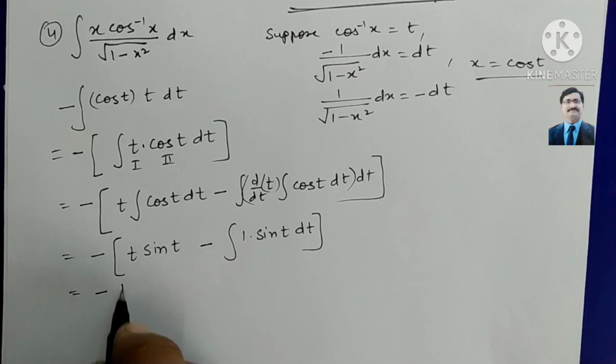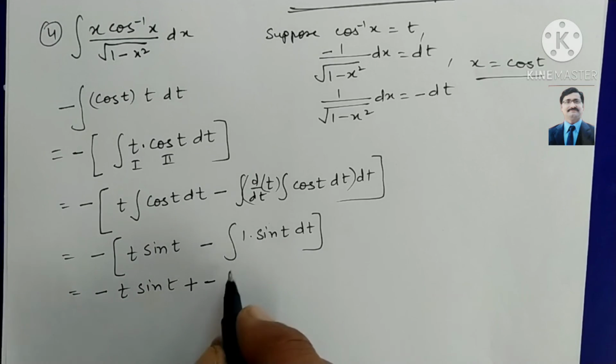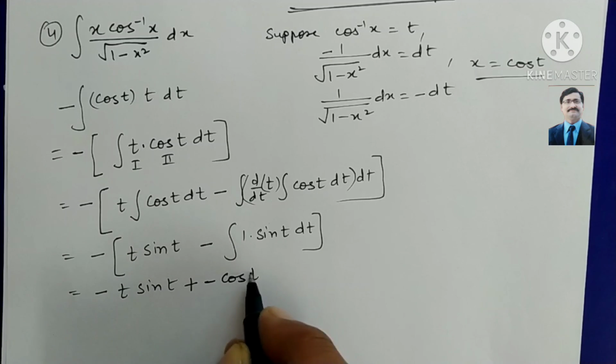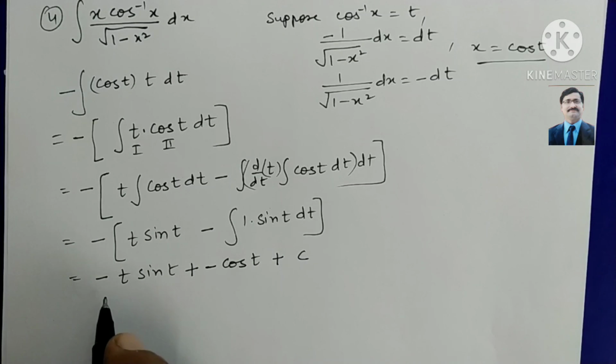Okay. This minus t, we can open the bracket: minus t sin t, and this minus and minus will be plus. Sin t integral is minus cos t, okay, and plus c. Now we have to put the value again.